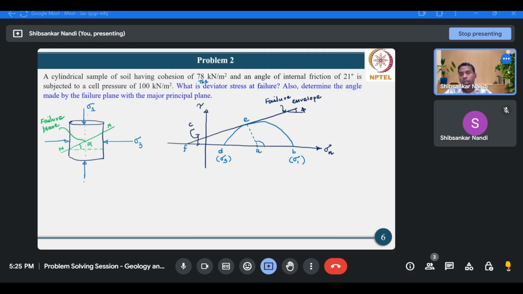The axial one is the major principal stress axis, and the radial one is the minor principal stress axis. Therefore, this horizontal plane is nothing but the major principal plane.